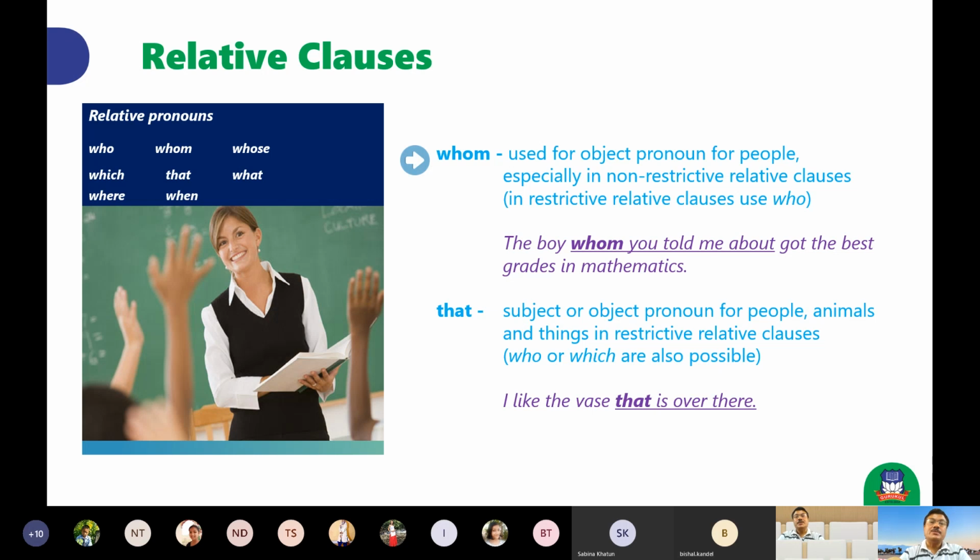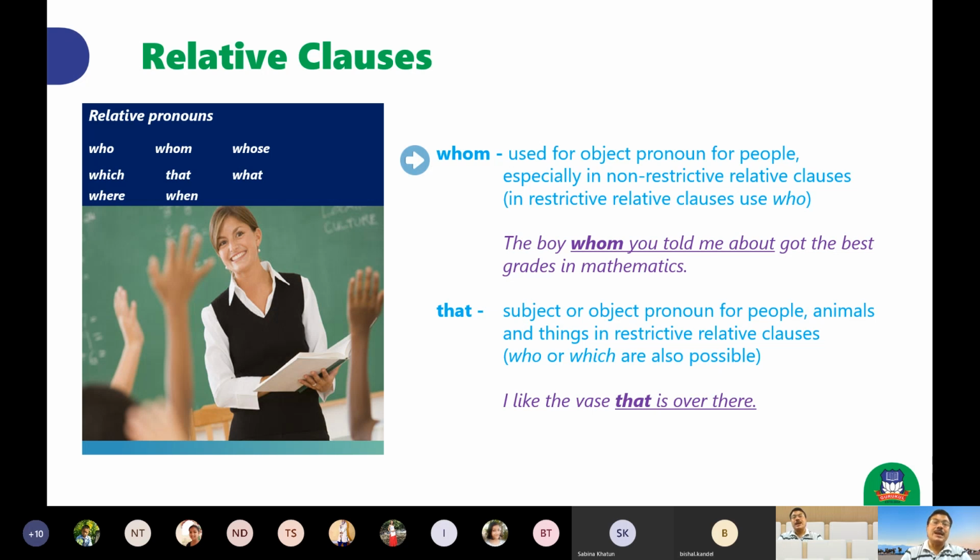Likewise, that is a subject or object pronoun for people, animals, sometimes for people, especially. Which and that are for things and animals, but sometimes can be used with persons also. For animals and things in restrictive relative clauses, who or which are also possible. Where it is a person, use who, and where that is used, which also can be used.